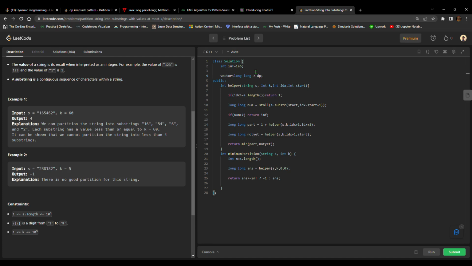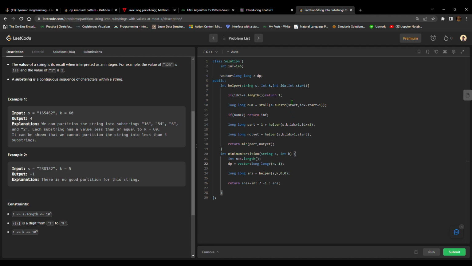DP, and then I would be going and saying DP is equal to vector long, and just redeclare my DP with size n and all numbers as -1.